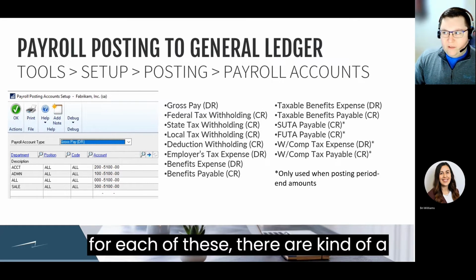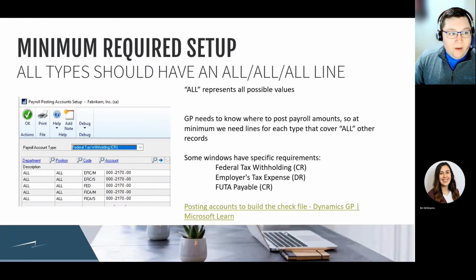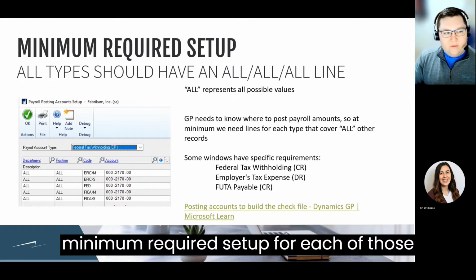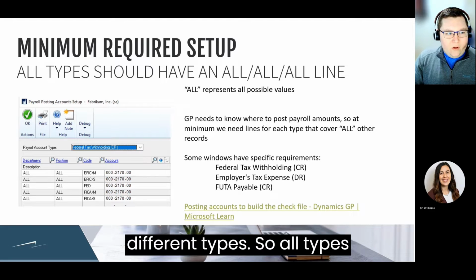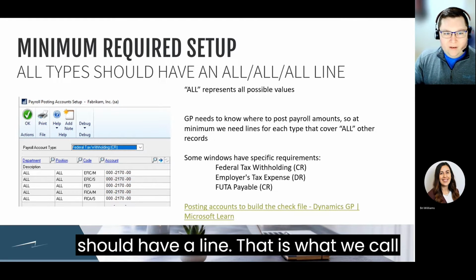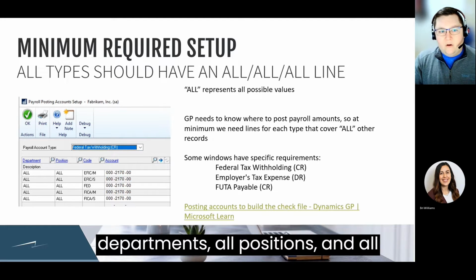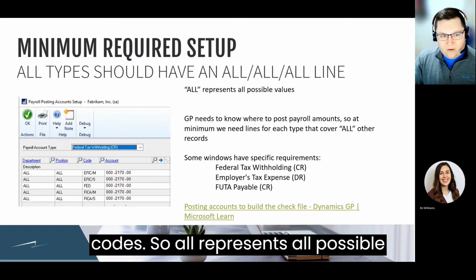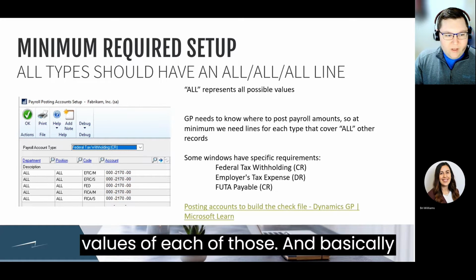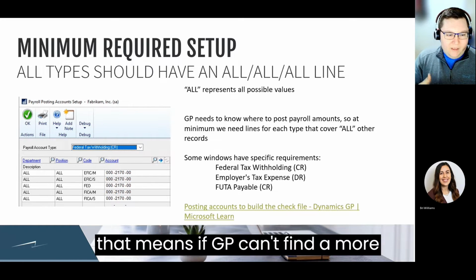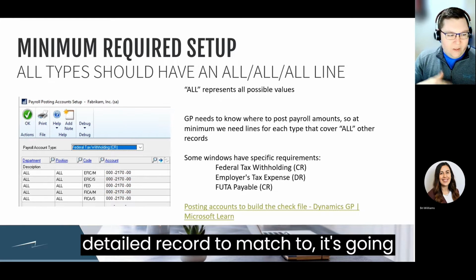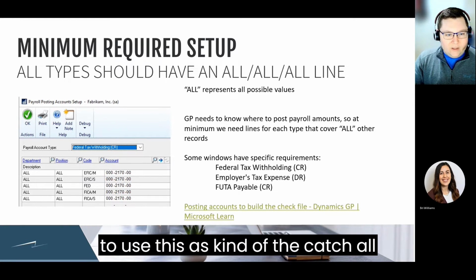For each of these, there is a minimum required setup for each of those different types. All types should have a line that is what we call all. That's all departments, all positions, and all codes. So all represents all possible values of each of those. Basically that means if GP can't find a more detailed record to match to, it's going to use this as the catch-all account.